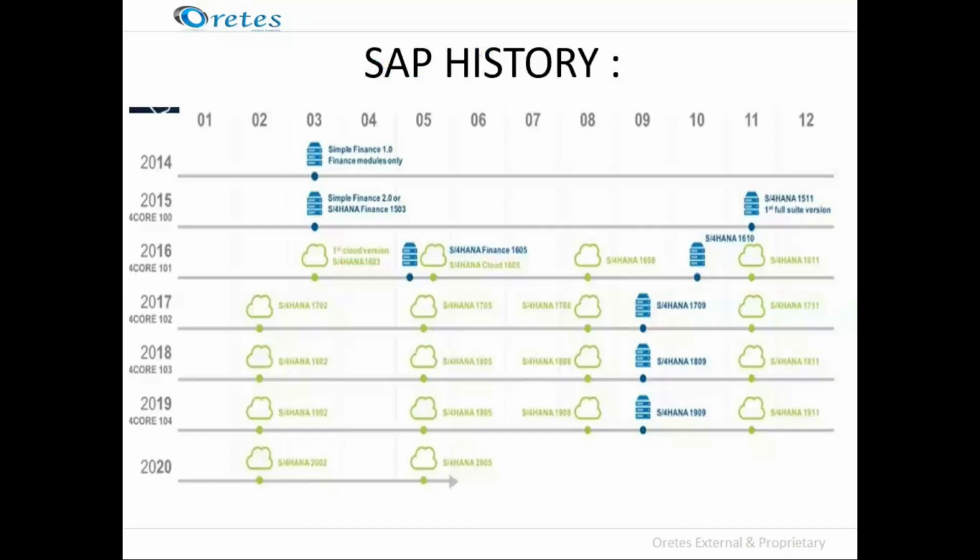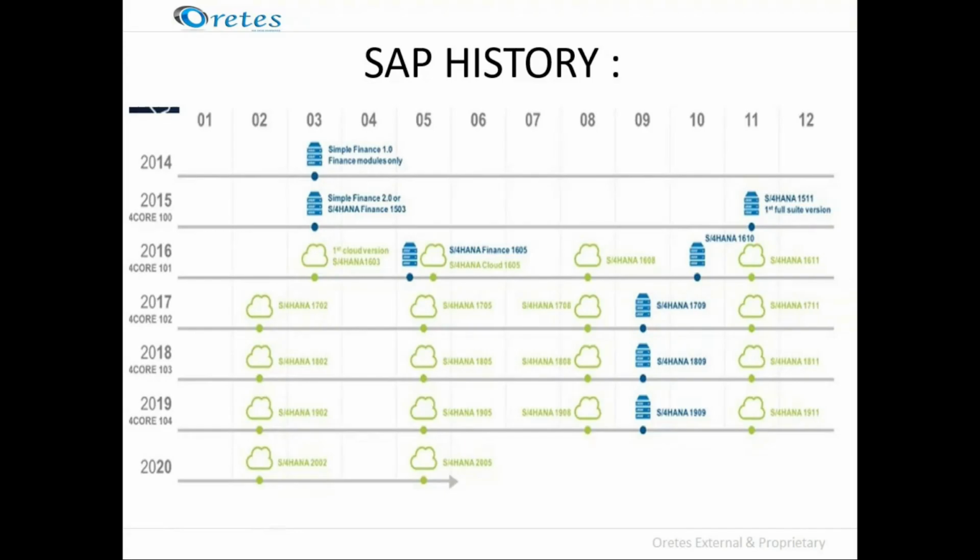So what is SAP's future target or history? By 2020, you can see they introduce everything into the cloud. As I mentioned, they are using a three-tier architecture. The database was separate previously, and anybody could use any kind of database to run the SAP application. But with time, SAP developed its own database, called S4HANA, which is much faster.